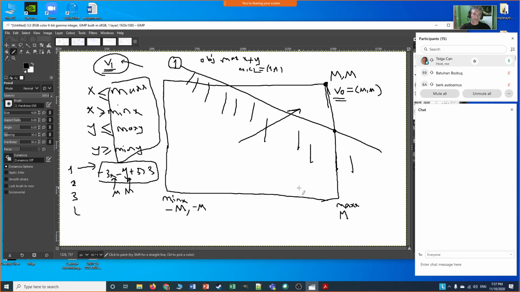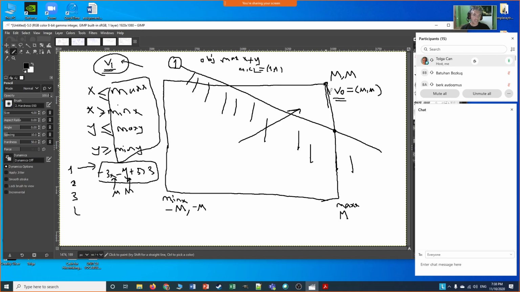This is what we are going to do for every constraint. If the current optimum Vi is a member of the feasible half space of the current constraint, don't do anything. The current extreme point will still be the extreme point in that intersection.